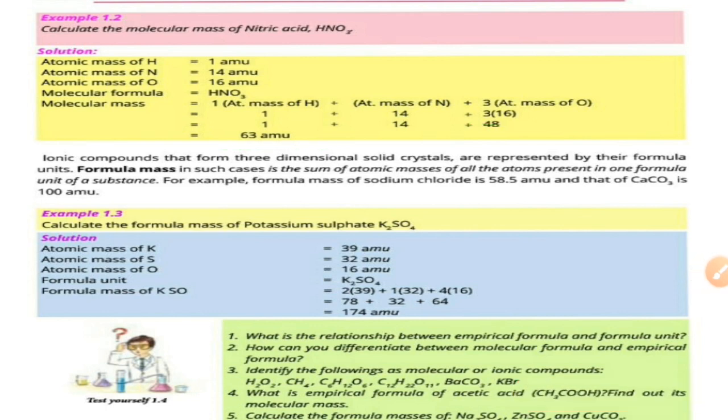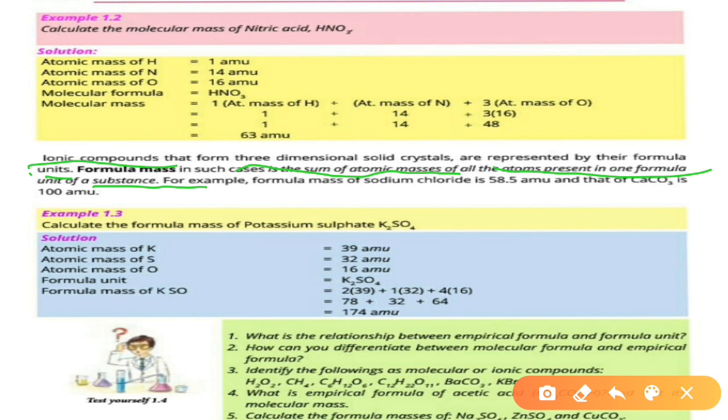Now, you have successfully done molecular mass, in which you calculate the molecular mass of a molecule by adding its atomic masses. Now, let's do formula mass. Formula mass is for a formula unit, and a formula unit is of ionic compounds. Ionic compounds that form three-dimensional solid crystals are represented by their formula units.